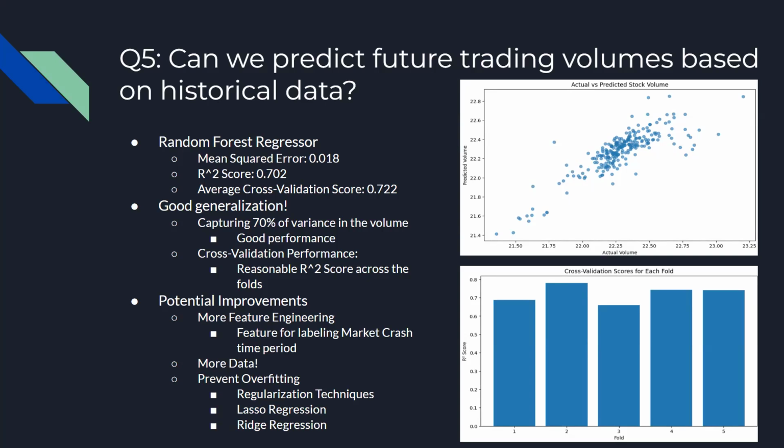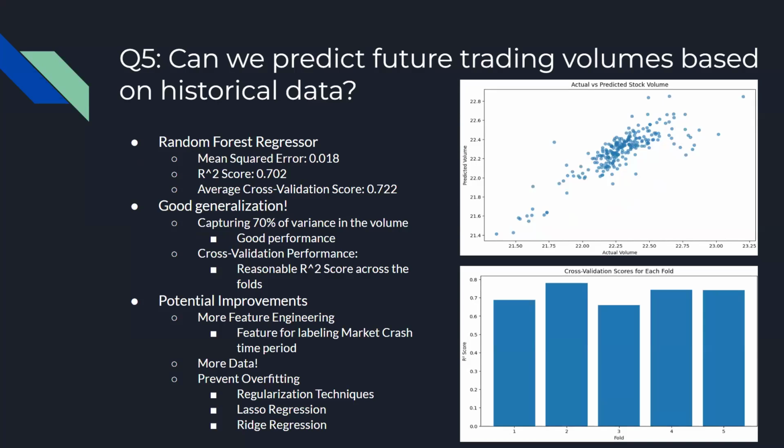Some potential improvements we could make to help both the linear regression model and our random forest regressor: maybe some more feature engineering. A feature that could label the market crash time period might be helpful. Some more data, instead of just the last 5 years, maybe the last 10 or the last 15.